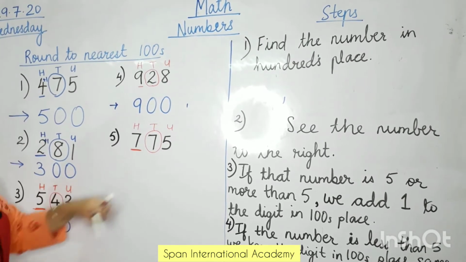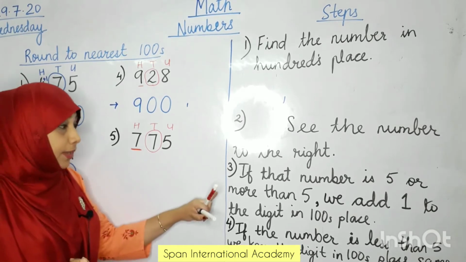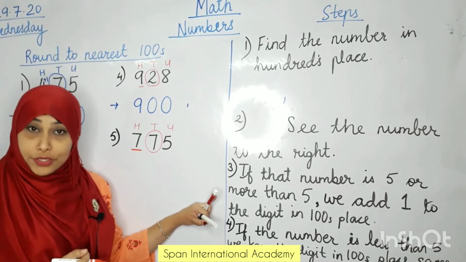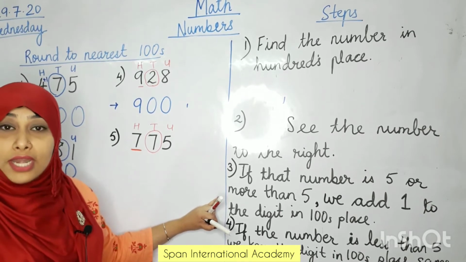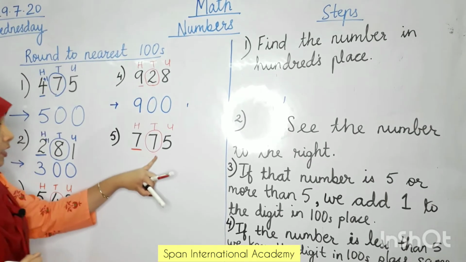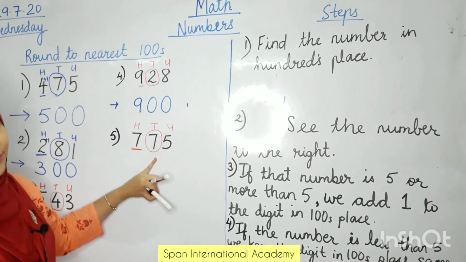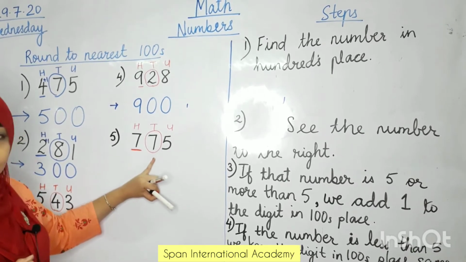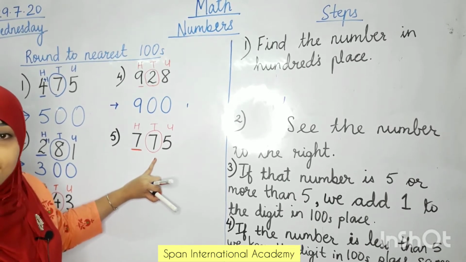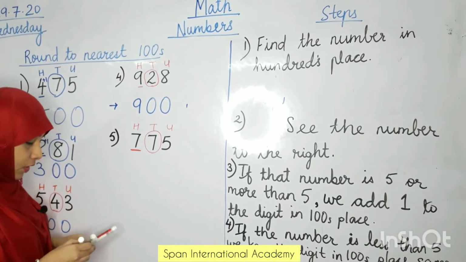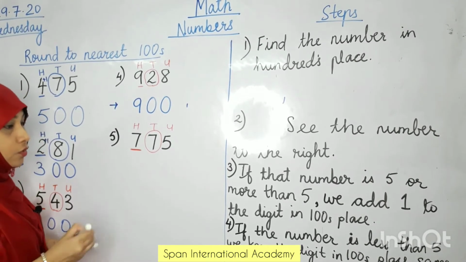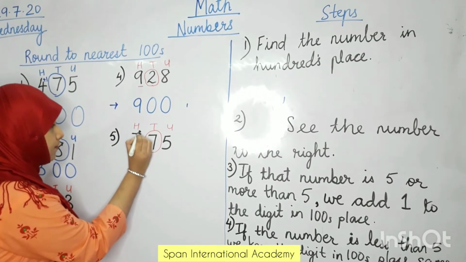Now my third step has come back, because my third step talks about numbers which are 5 or more than 5. As we can see, it is number 7, and number 7 is more than 5. So what do we do?